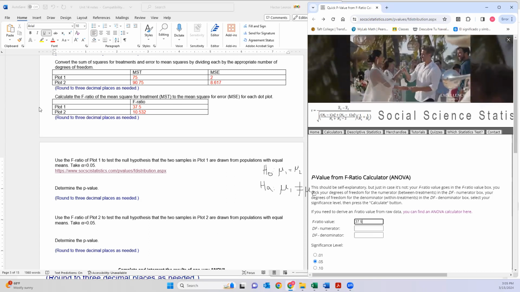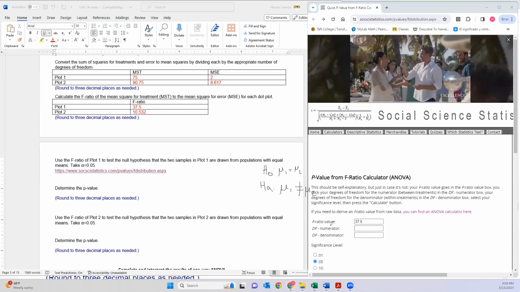Let me tell you guys how we're going to figure out the degrees of freedom. For the numerator, it's going to be k minus 1. For the denominator, it's going to be n minus k. And remember, for plot 1, our k is how many treatments. So in this case, we had 2.